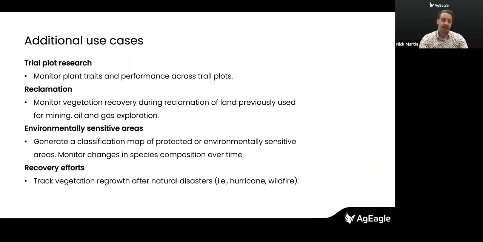Additional use cases here. So there's a ton of different use cases. Multispectral thermal data is really useful for field trials, accurately determining disease resistance, drought tolerance. People want to run trials on new irrigation methods. They can determine the success of those methods using a MicaSense camera.